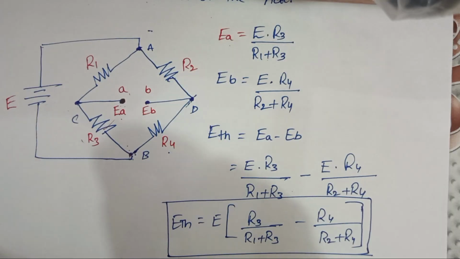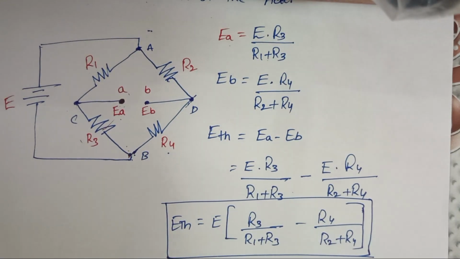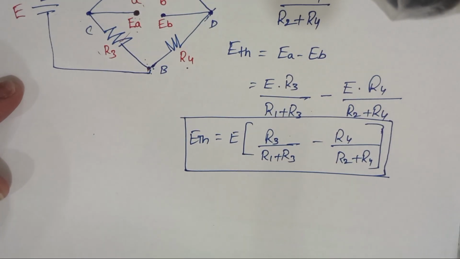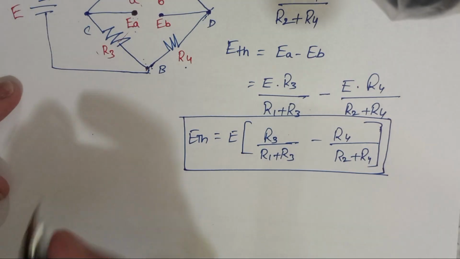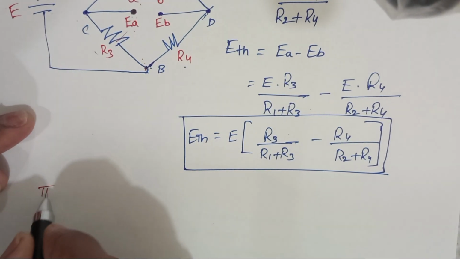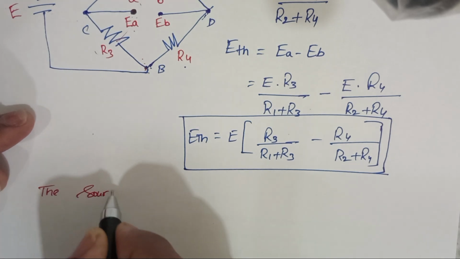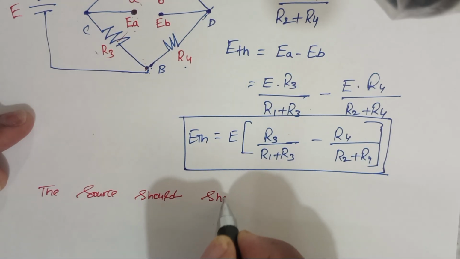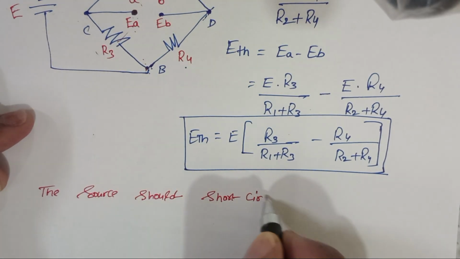Now I have to find Thevenin's equivalent resistance. To calculate it, the source should be short circuited.